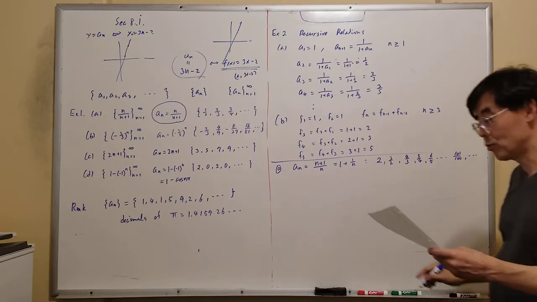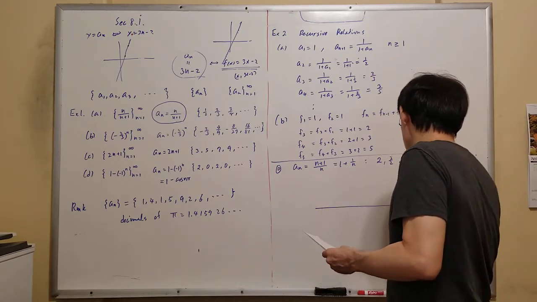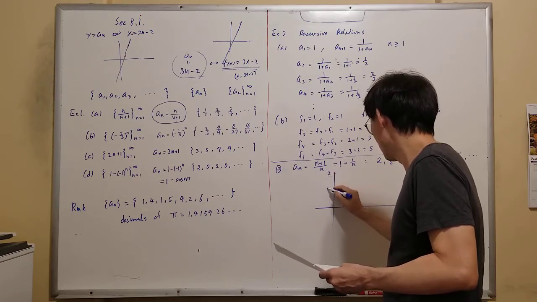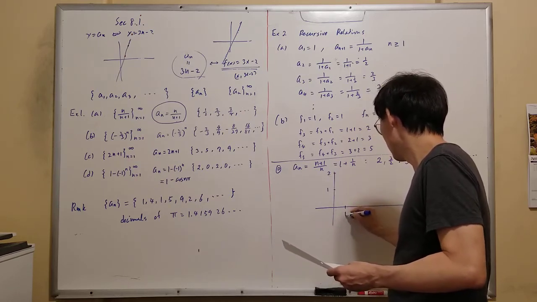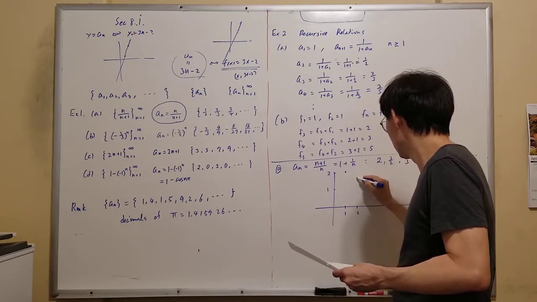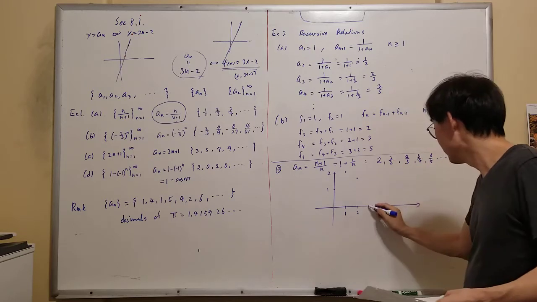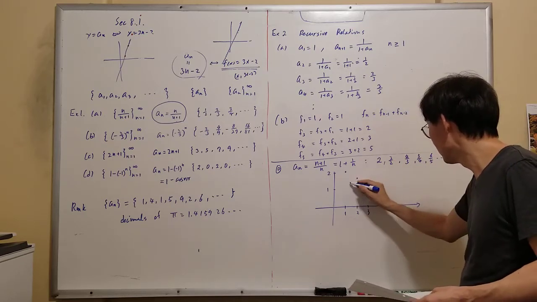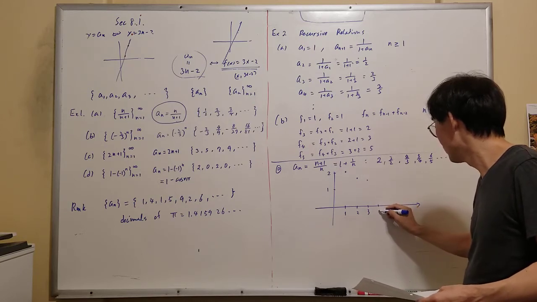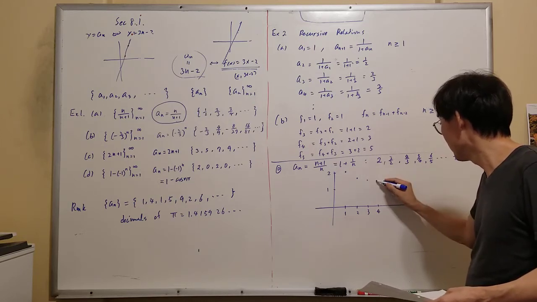So if you draw the graph, what would you see? 2 over here, at 1; at 2, 1.5; at 3, 1.333; at 4, 1.25.